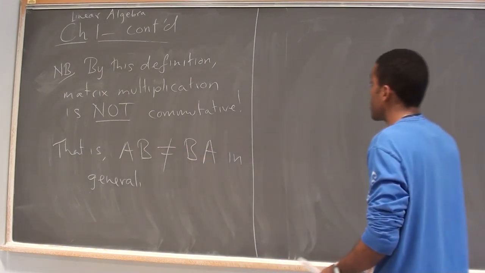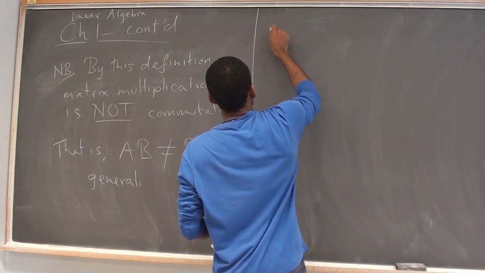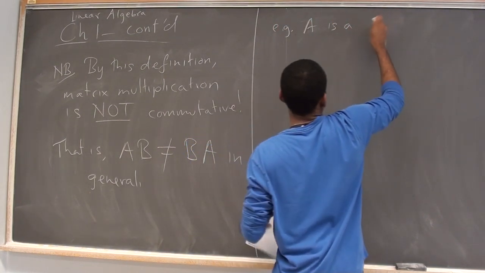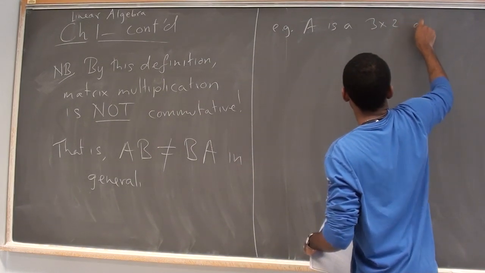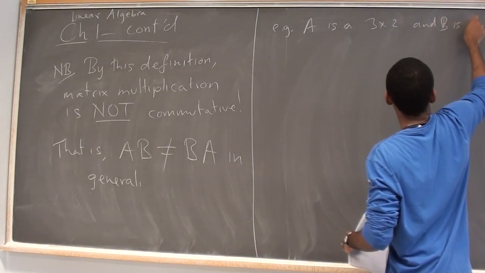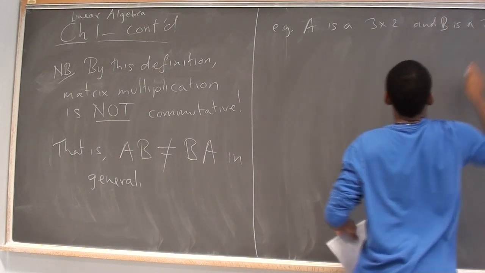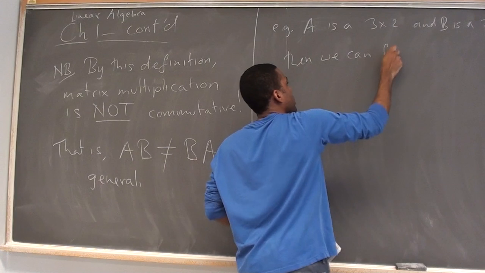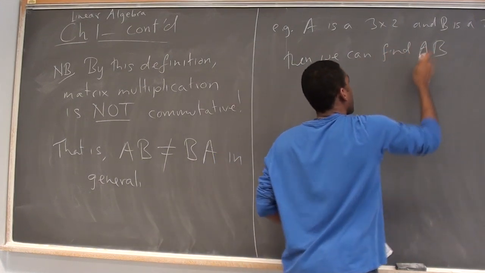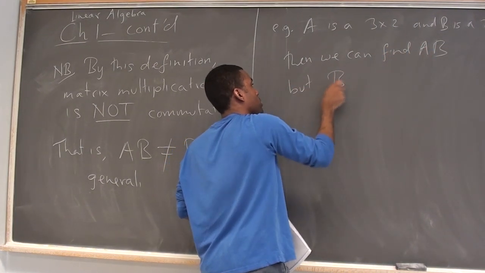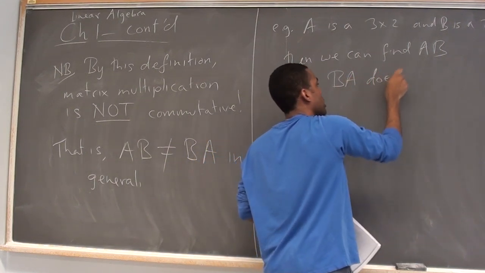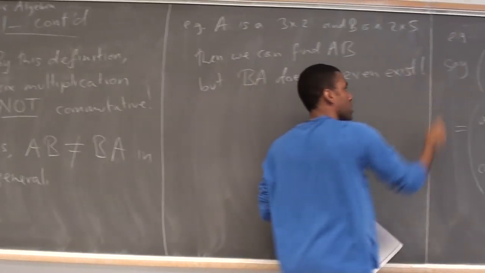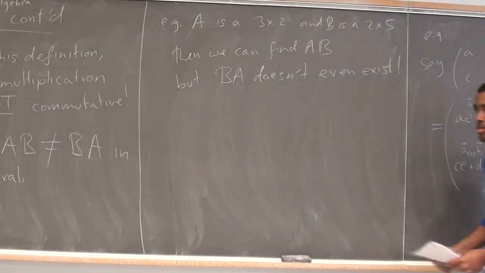For example, if A is, I did an example before, a 3 by 2, and B is a 2 by 5, then we can find AB, but BA doesn't even exist. They're not the same in general.